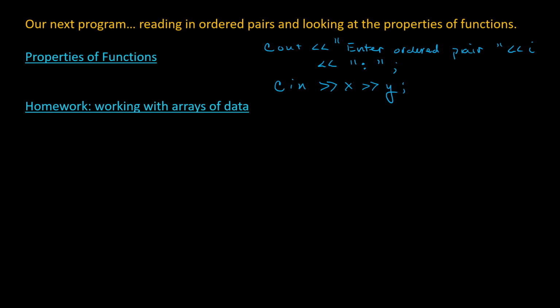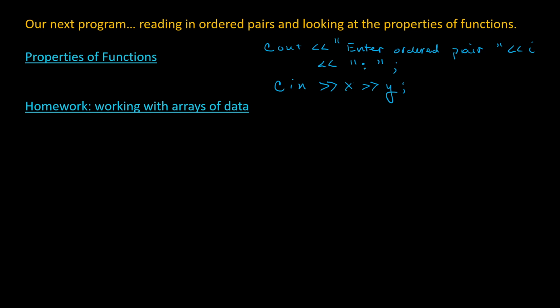In C, you simply have a scanf and you list a comma separated list. In Java, you'd have a nextInt, and you could actually have two nextInts in a row, nextInt x, nextInt y, and it would be able to do that. So you can read one line pretty easily.